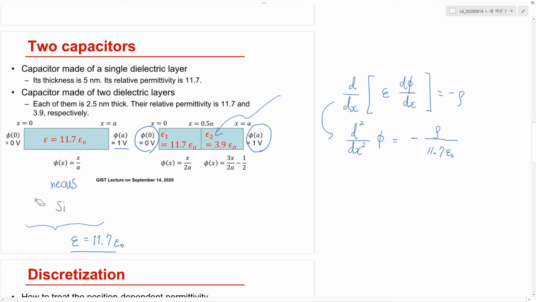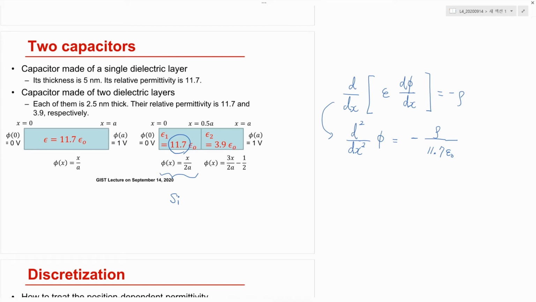But let's think about the right sample. In this case, we have two different materials. In the left half of the right sample, we have the relative permittivity corresponding to 11.7. This is just silicon. Once again, half of it is made of silicon.